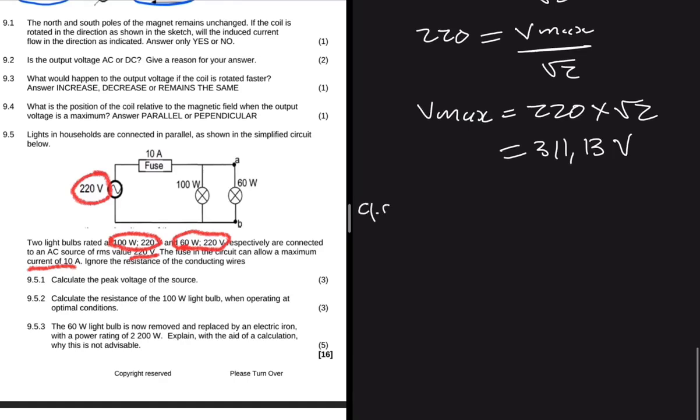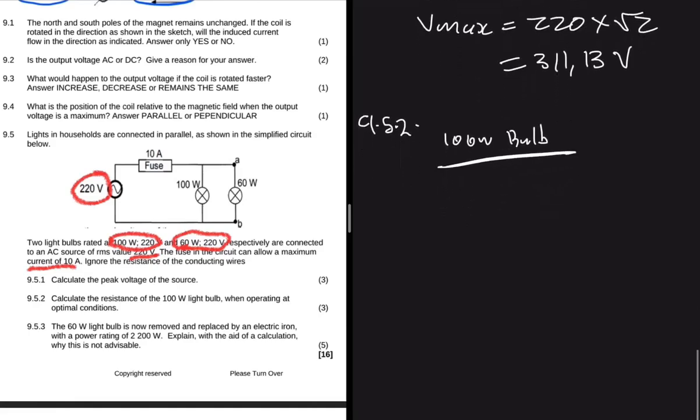And then for 9.5.2, it says calculate the resistance of the 100 watt light bulb when operating at optimal conditions. So let's go to the 100 watt bulb and look at the information we have so that we can answer our question, right? It's rated 100 watt.